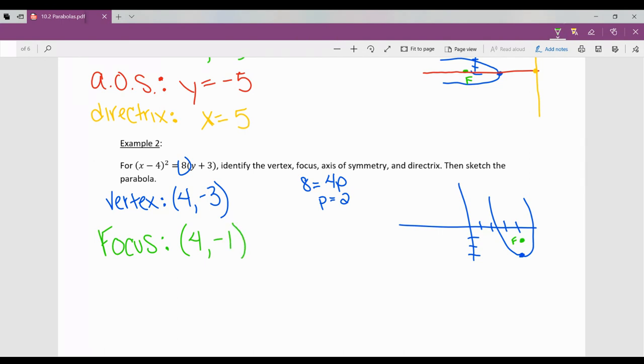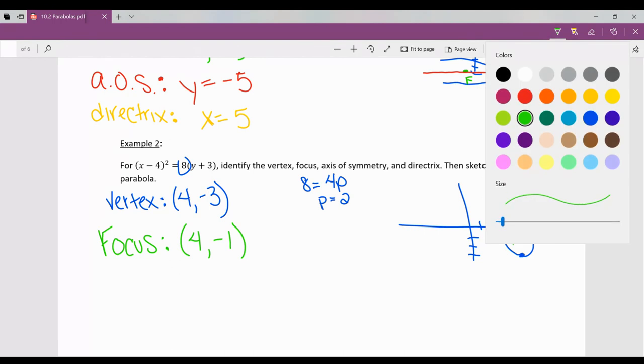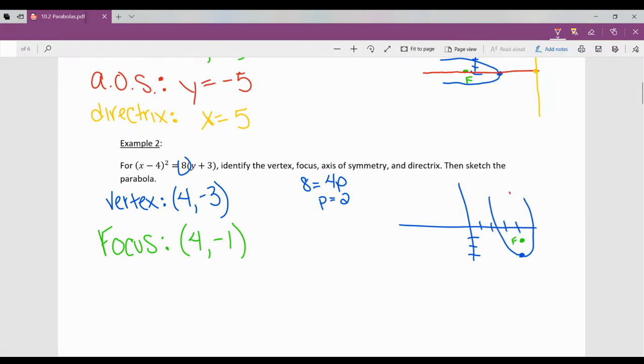My axis of symmetry goes through the vertex, and in this case it's a vertical line, so it's going to be x equals, and my x is equal to 4. All right, and now the last thing is my directrix. So my directrix is p units in the opposite direction away from the vertex.